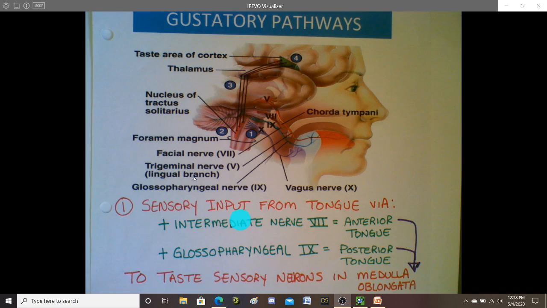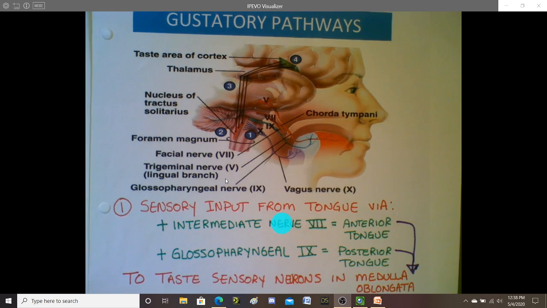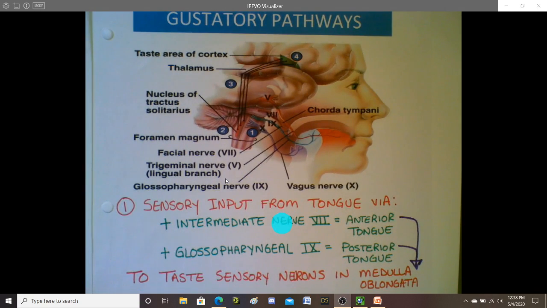So these nerves are going to move information to our medulla oblongata. So you can see that these nerves are moving to the medulla oblongata. And the medulla oblongata is then going to relay that information to other parts of our brain.